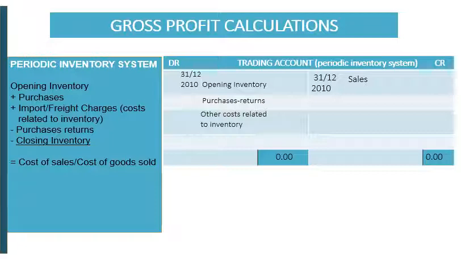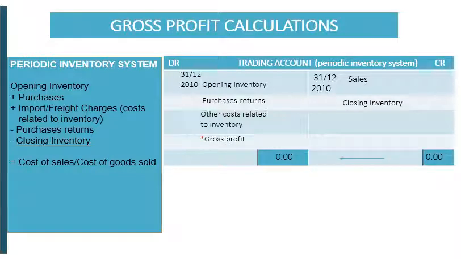And then again on the credit side, we will bring in the closing inventory. Then the trading account will be balanced and closed off by either determining the gross profit or the gross losses. If the credit side is bigger than the debit side, then the balancing figure will represent the gross profit.